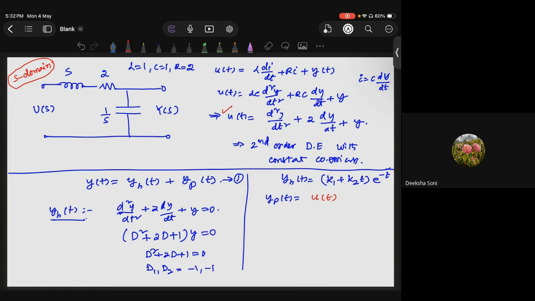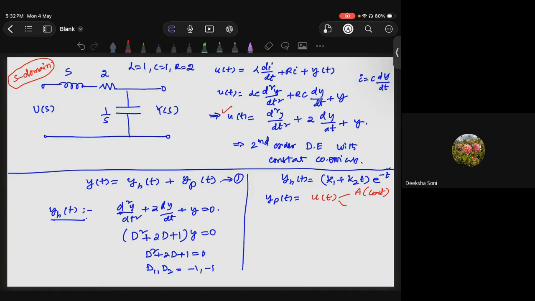Here, u of t information is not given. Generally u of t can be like a DC source. If it is a DC source, we take it as some constant.